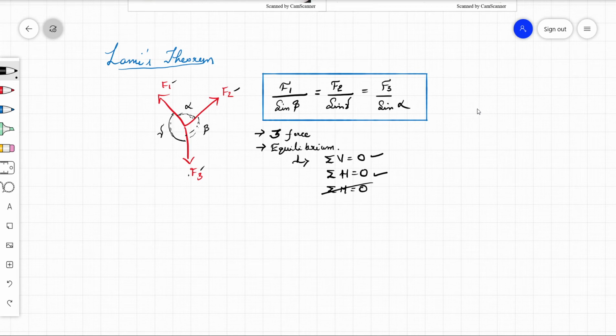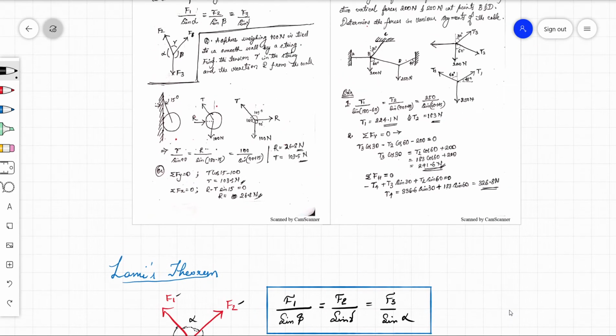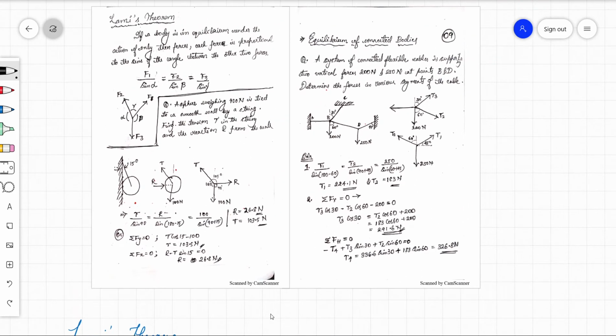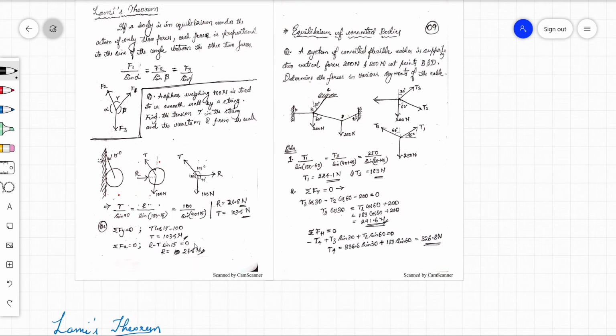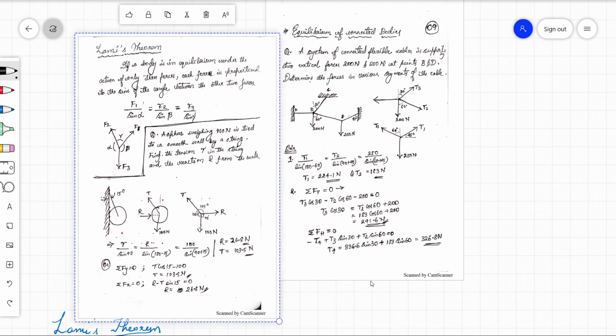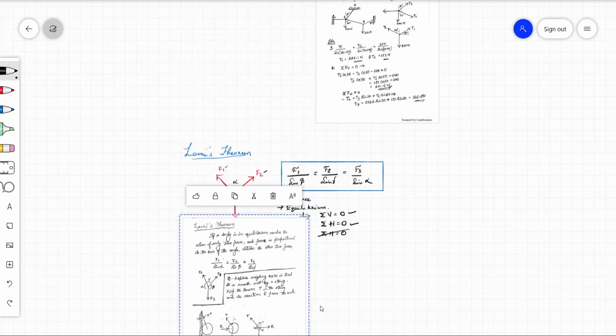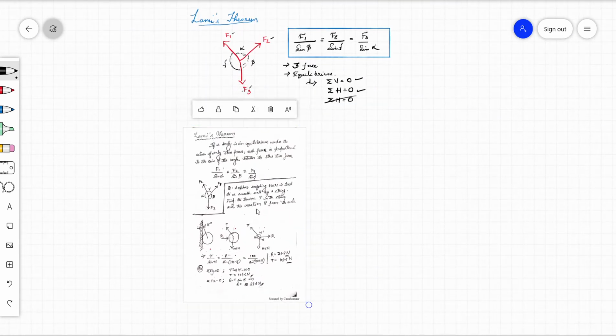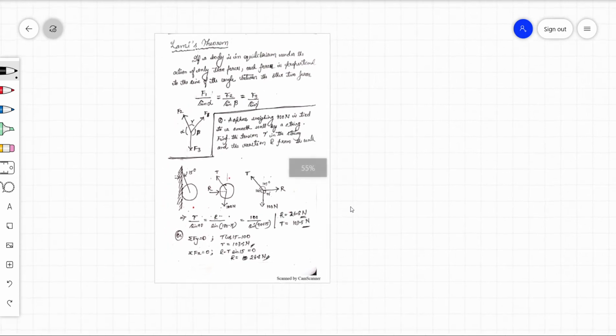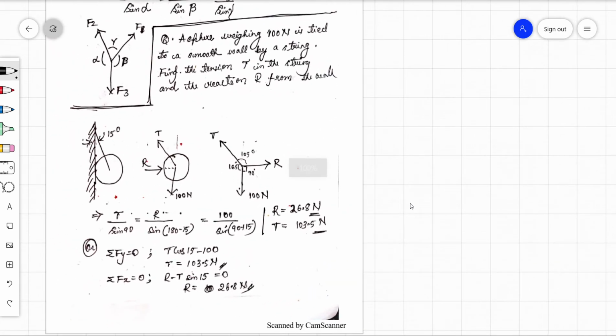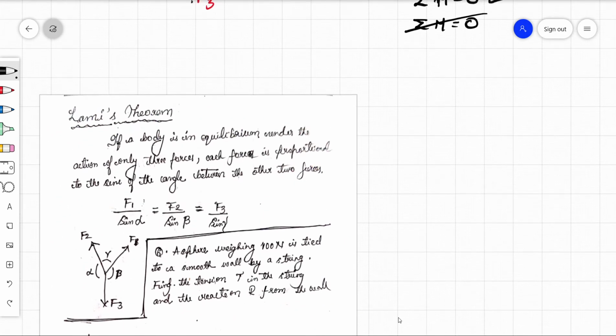So let us move on to one numerical. Let us understand this. Let me take the numerical which is over here itself. Here it is given that a sphere weighing 100 Newton is tied to a smooth wall.